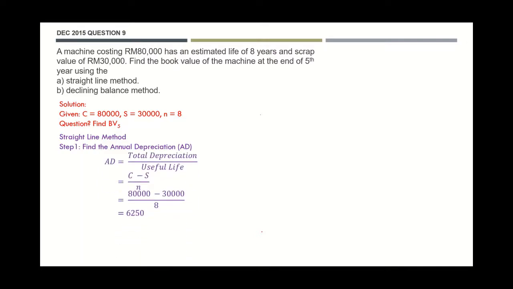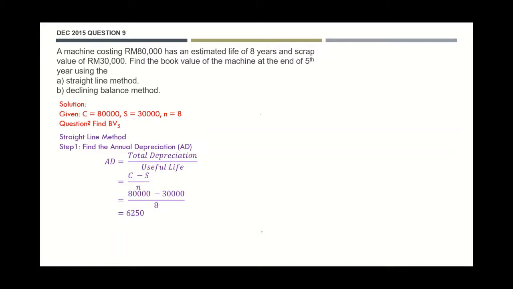The annual depreciation is simply equal to the total depreciation divided by the useful life, whereby the total depreciation can be found by subtracting the scrap value from the original cost, and then divided by the useful life N.